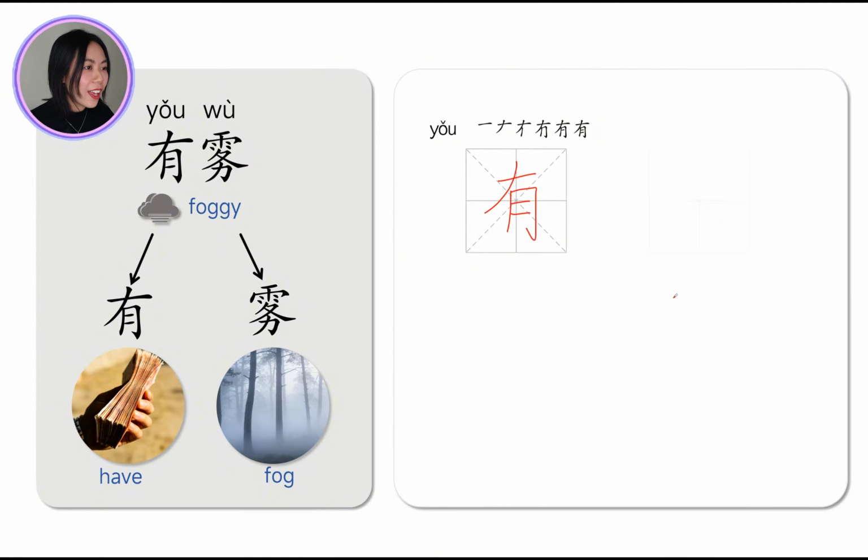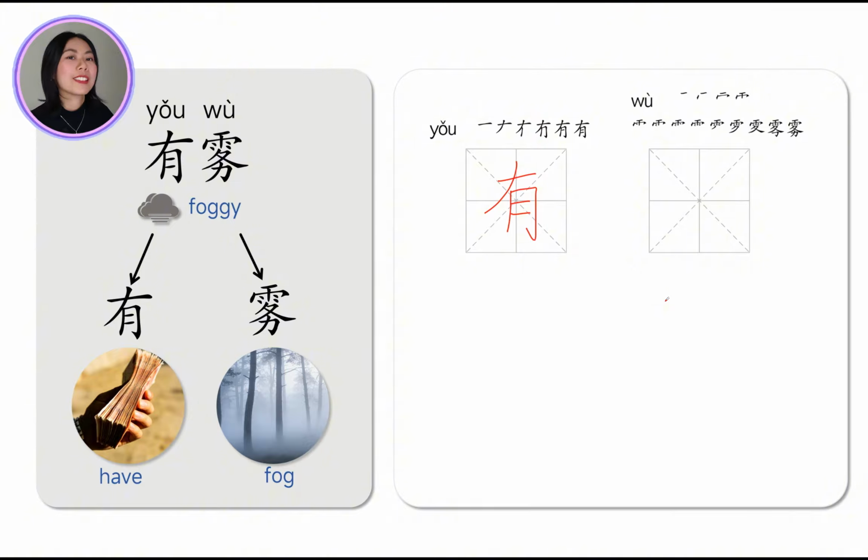Very good. 雾 is a top-bottom structure and it's quite complicated, but we can do it. Let's try to write the rain radical. 雨 1, 2, 3, 4, 5, 6, 7, 8, 9, 10, 11, 12, 13. 很好。Let's try the sentence.